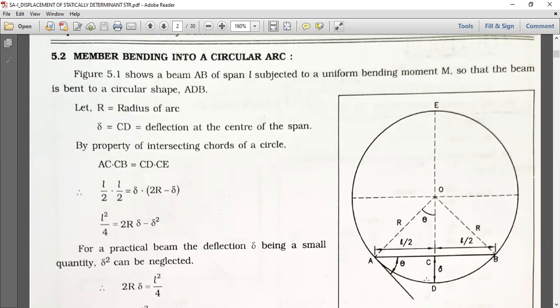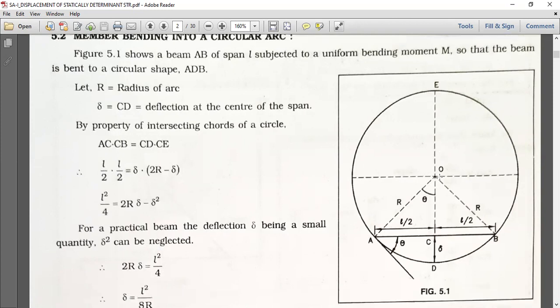By property of intersecting chords of a circle, AC times CB is equal to CD times CE.